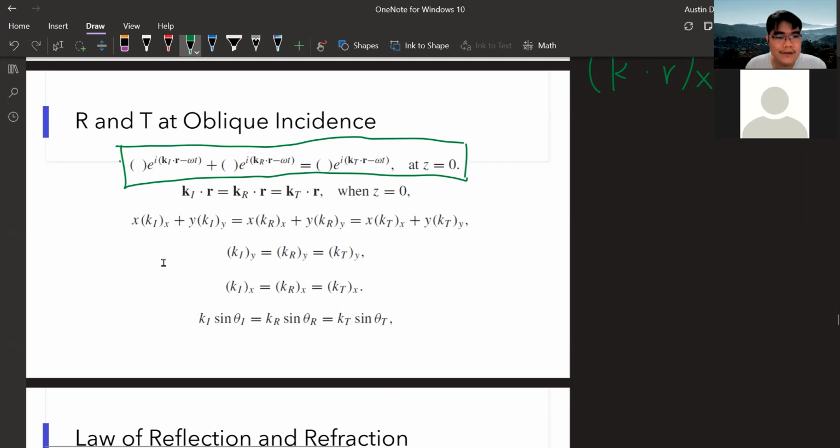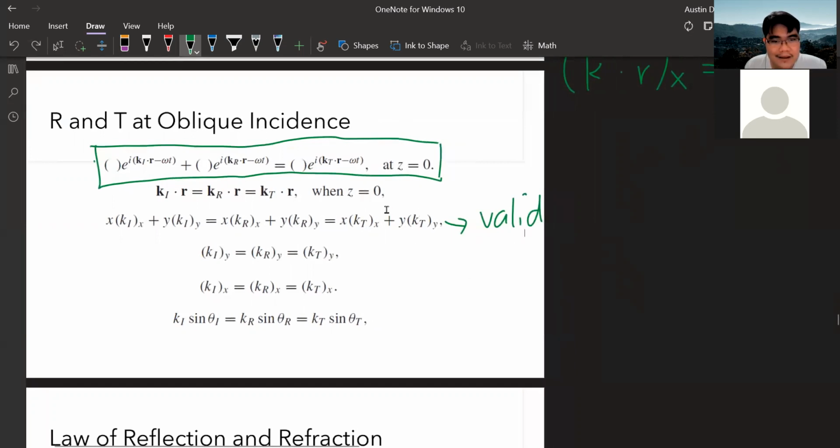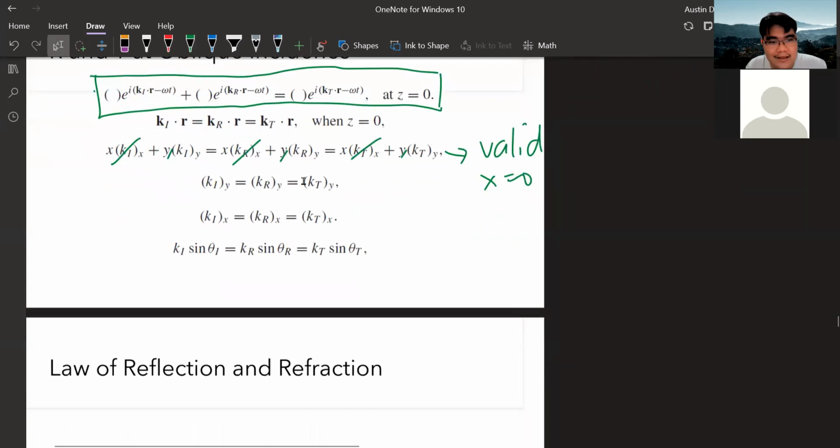However, if we let X be 0, since this should be valid for all points, valid everywhere in the z-axis, of course, this equation should hold. So when we set X equal to 0, the X terms cancel, and therefore the Y terms cancel as well. So their equality would actually be on the y-axis.